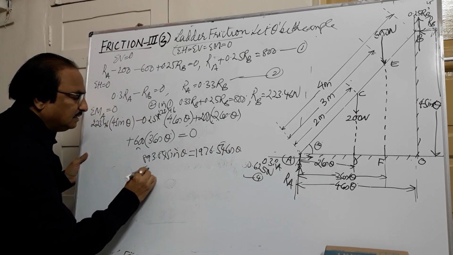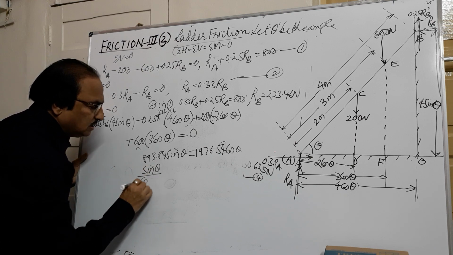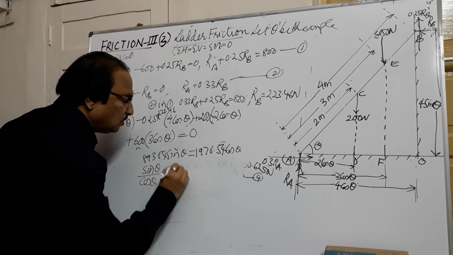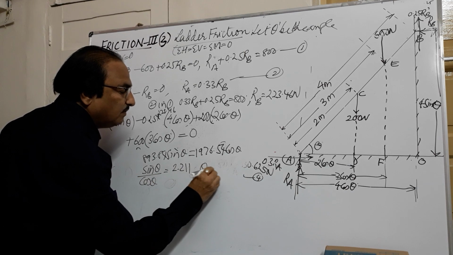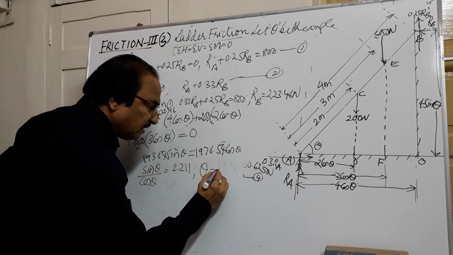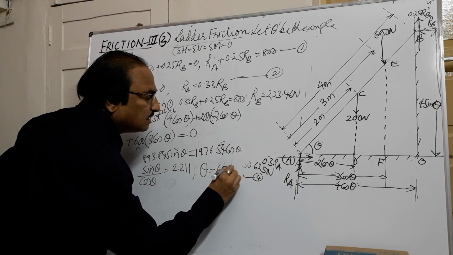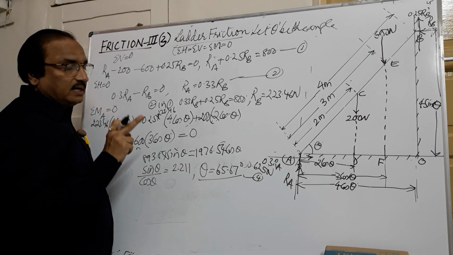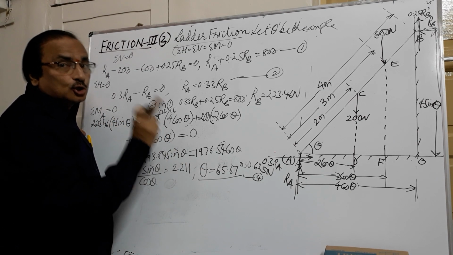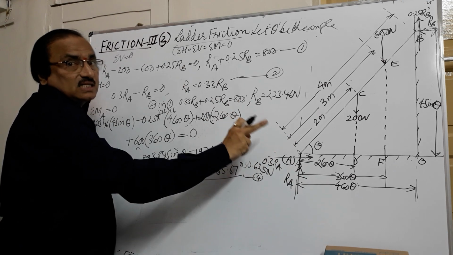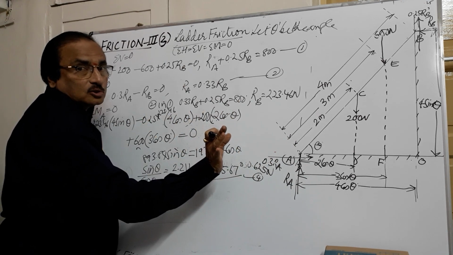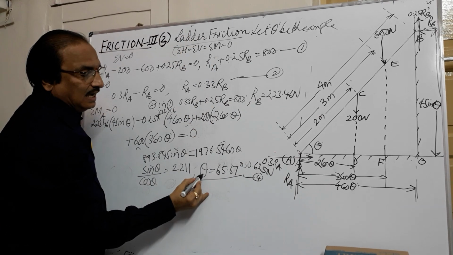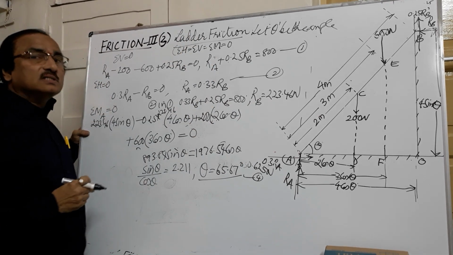So sin theta divided by cos theta is equal to 2.211 and theta will be equal to 65.67 degrees. One thing is sure here: this theta should be more than 60 degrees, because at 60 degrees you require a horizontal support. If support is to be removed, the inclination should be increased, and this value is 65.67.